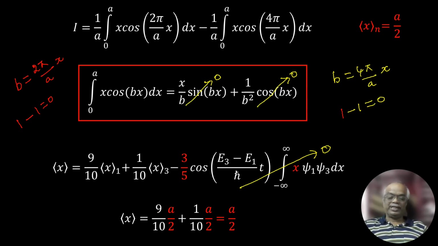Now you can see here, 10 into 2 is 20, 10 into 2 is 20. So the denominator is 20. The numerator is 9a plus 1a. So 9 plus 1 is 10. So 10 divided by 20 is a half. So the expectation value of x is equal to a by 2.